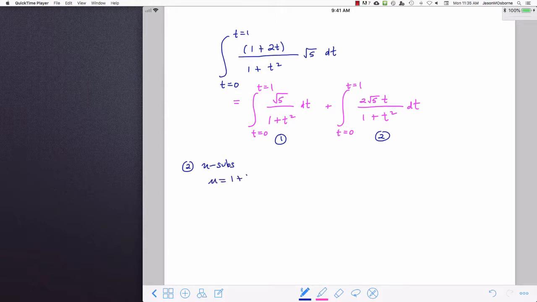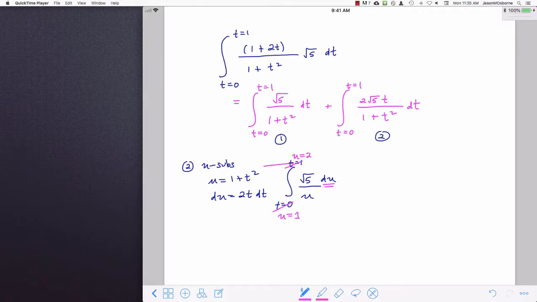If you let u is equal to 1 plus t squared, then du is equal to 2t dt. So making that substitution into the second integral, 2t dt is equal to du, and 1 plus t squared is equal to u. Then we need to switch to our u limits instead of t because we're doing a du problem. So this would be u equals 1 up to u equals 2.